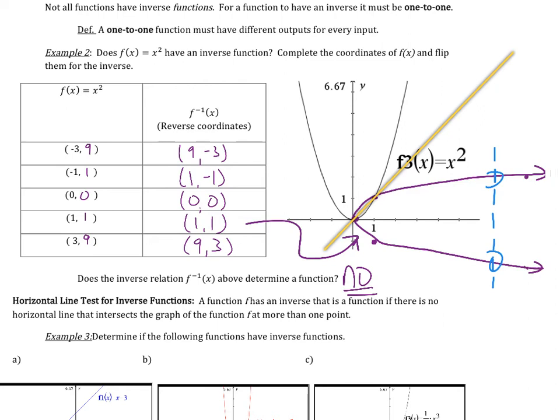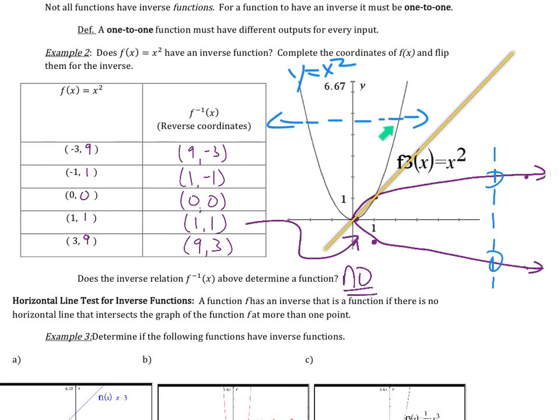All right, we didn't need to go to all this to tell. All we had to do really was look at this black graph of y equals x squared and draw a horizontal line, because the inverse is going to fall over and that's going to be a vertical line. The vertical line test tells us if something is a function.